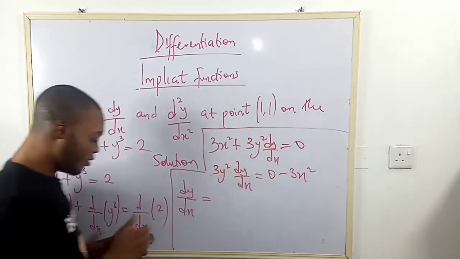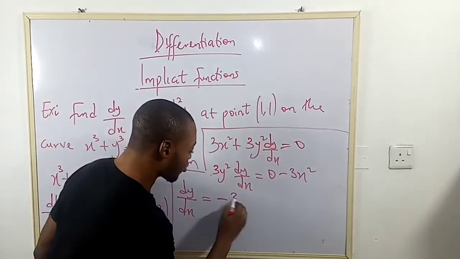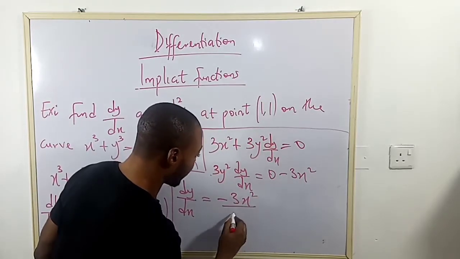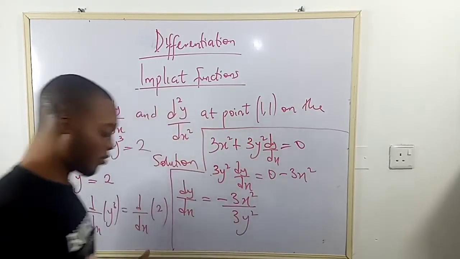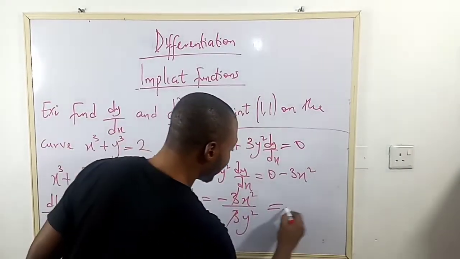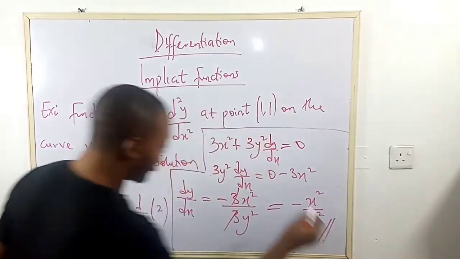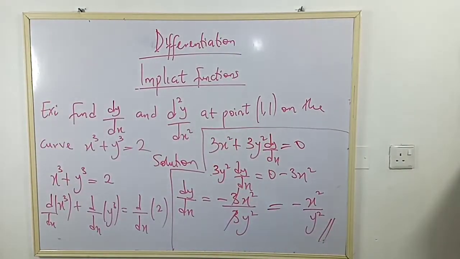You can divide both sides by 3y squared, equals minus 3x squared all over 3y squared. So from here, 3 cancels 3. So dy/dx is equal to minus x squared all over y squared.